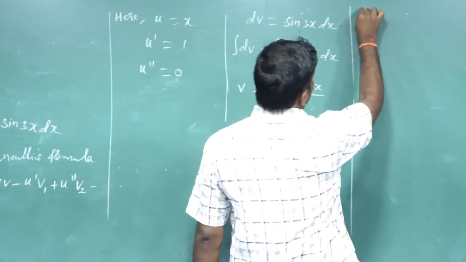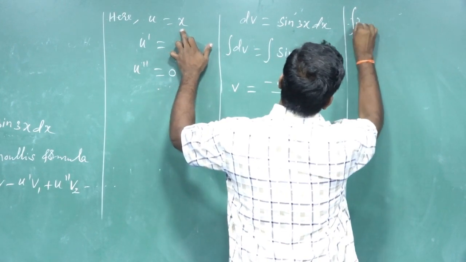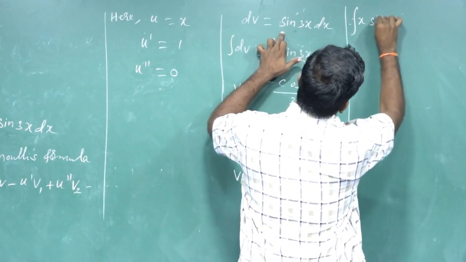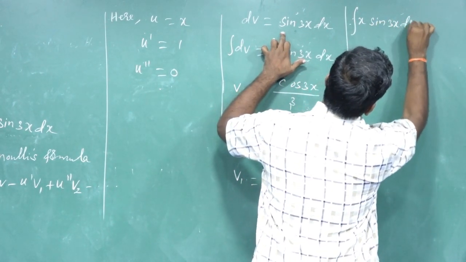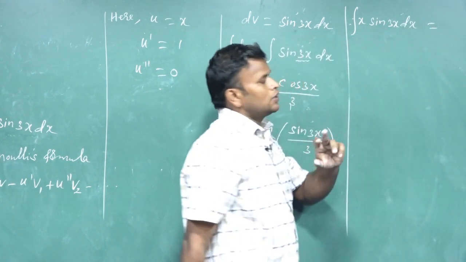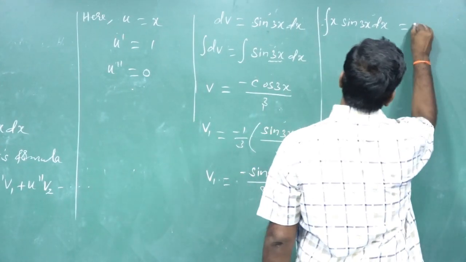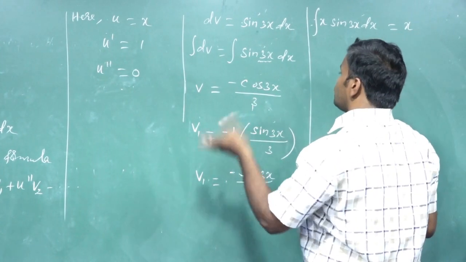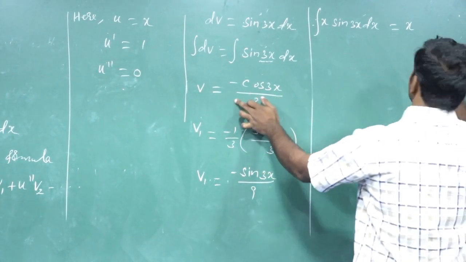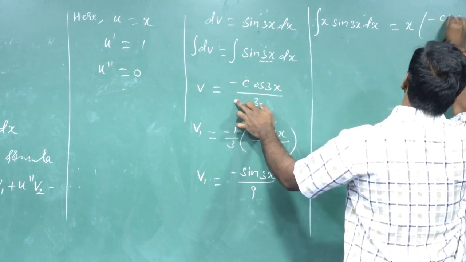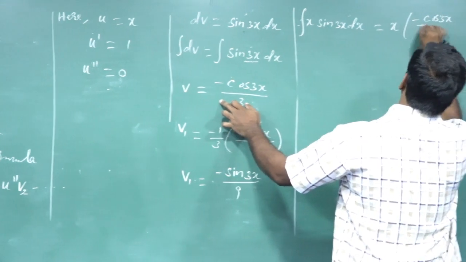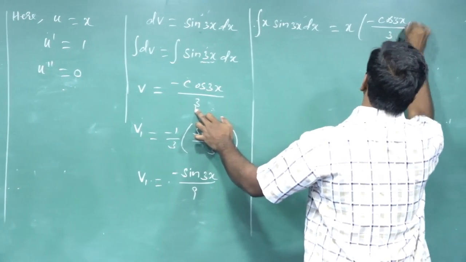So integrating of u is x, dv is sin 3x into dx. Okay, LHS same. RHS starting term is u, the value of u is x, into v, the value of v is minus cos 3x divided by 3.